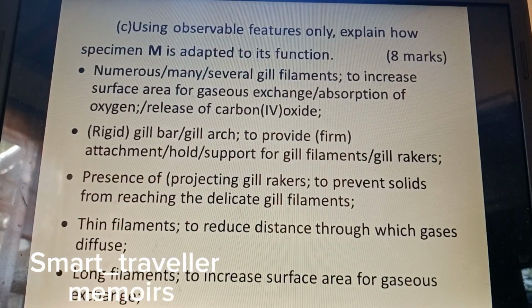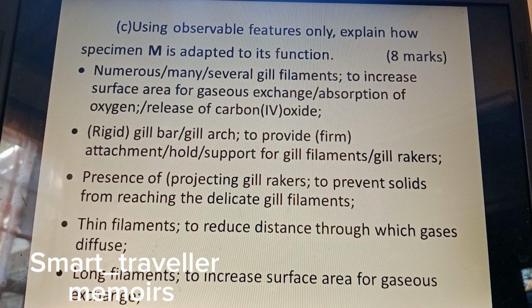So, using observable features only, explain how specimen M is adapted to its function. And there you are getting 8 marks. And you have numerous. Instead of numerous, you can say many. And instead of many, you can say several. So, to read like this.